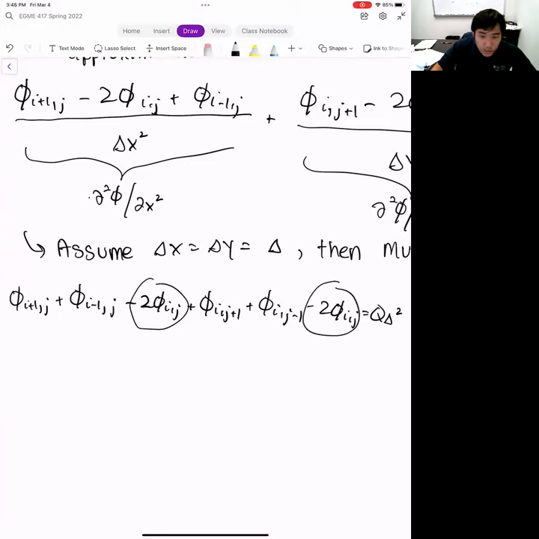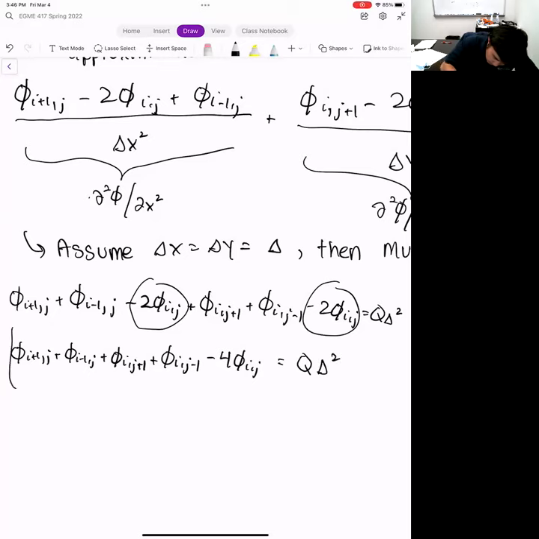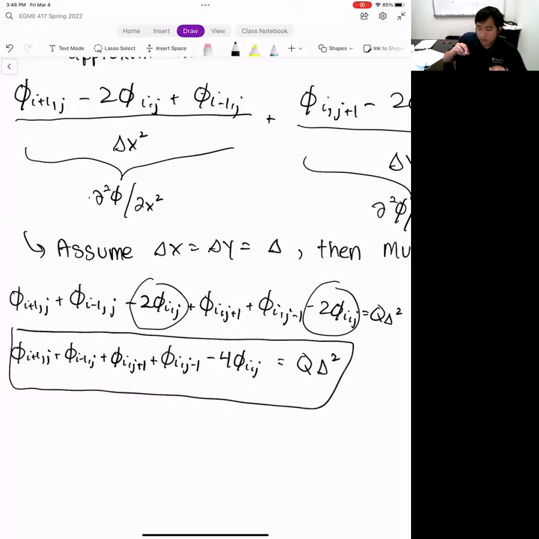After doing so, we get the familiar finite difference equation for 2D diffusion: phi i+1,j plus phi i-1,j plus phi i,j+1 plus phi i,j-1 minus 4 phi i,j is equal to q delta squared. So this right here is our finite difference approximation for 2D diffusion with the source.